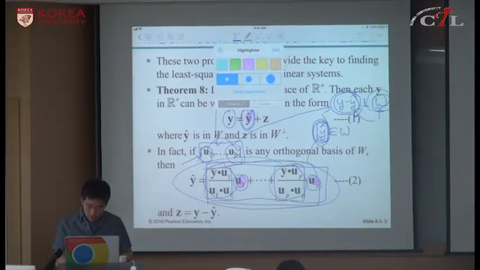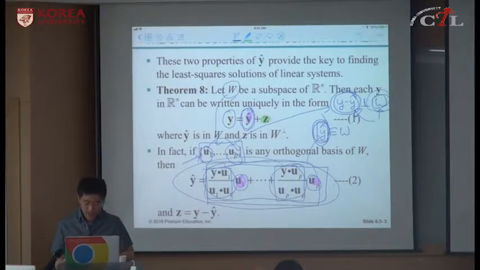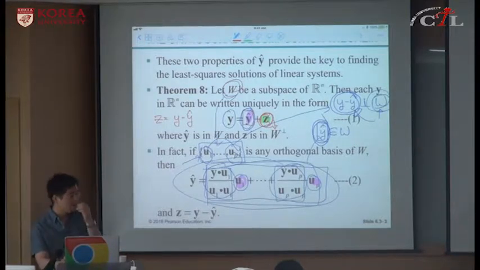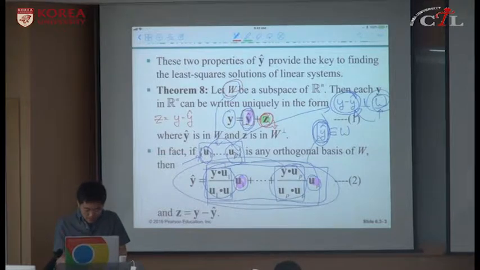And then we have the remaining part called z. We want to satisfy one additional condition: this z should belong to W perpendicular, which means z should be perpendicular to any vector in our subspace W. After obtaining y hat, of course z is y minus y hat, which can be viewed as a remaining component, and that component should be perpendicular to any vector in W. That condition is equivalent to z being perpendicular to each of our basis vectors.